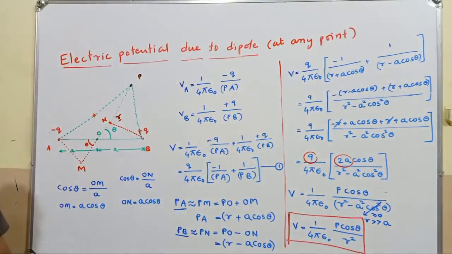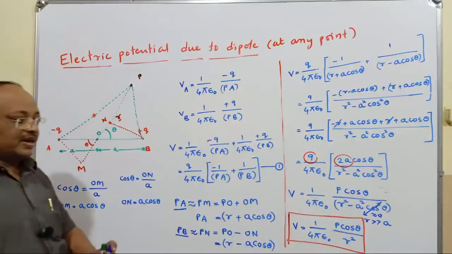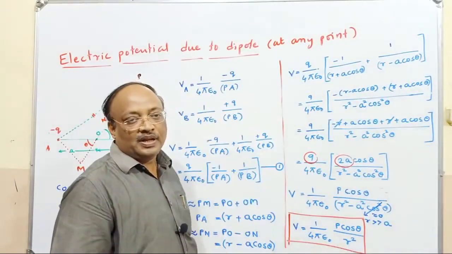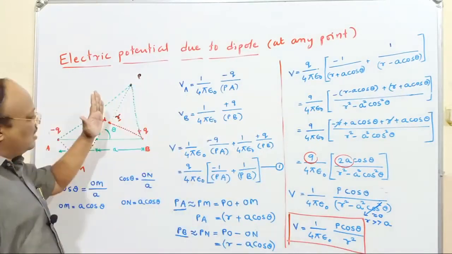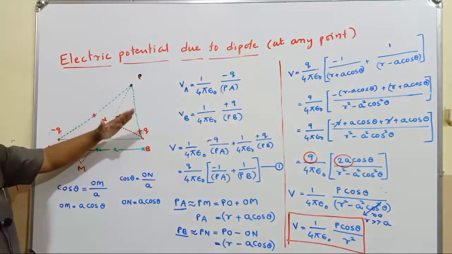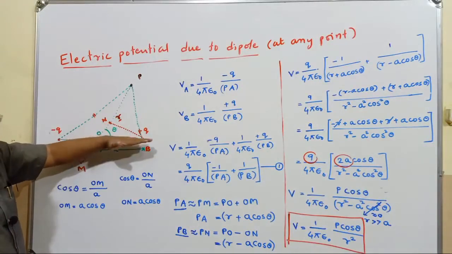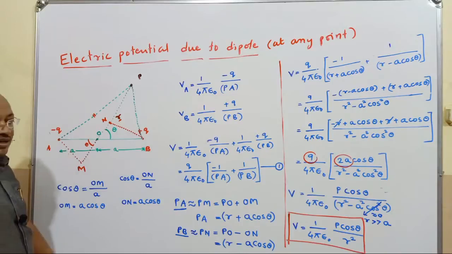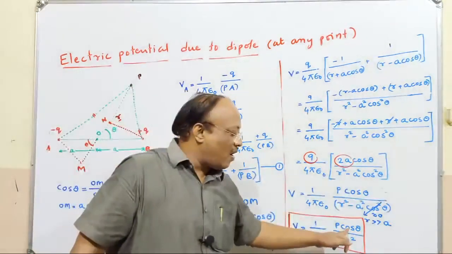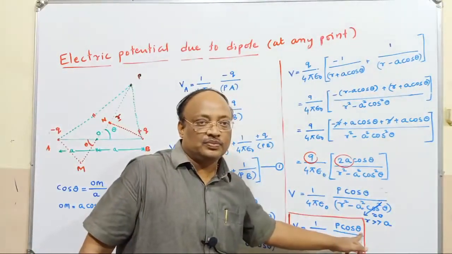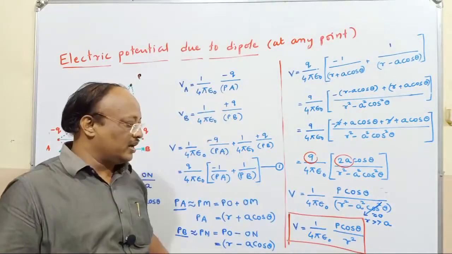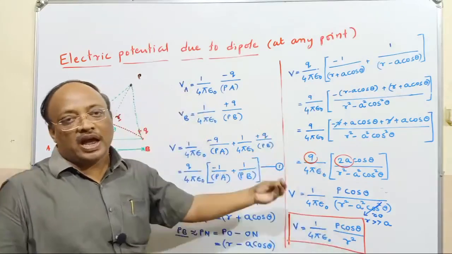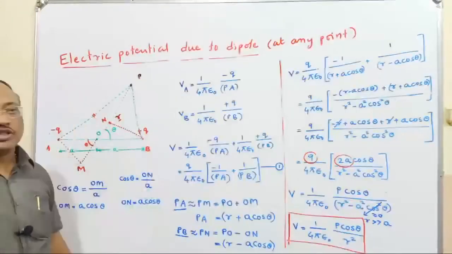So you can see by substituting the value of theta on the axial line. Axial line means theta will be 0. If you substitute that, cos 0 is equal to 1, then 1 by 4 pi epsilon naught P by R square, what I have derived just a few minutes before.